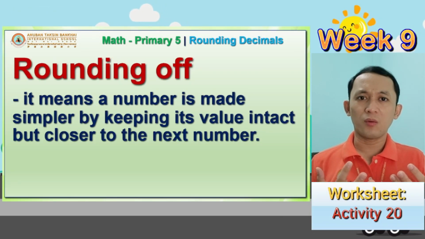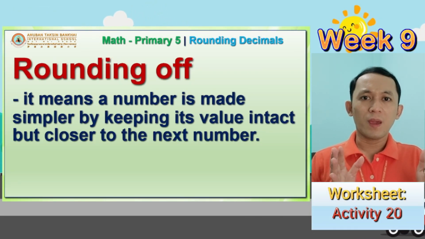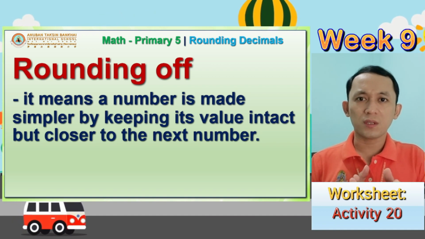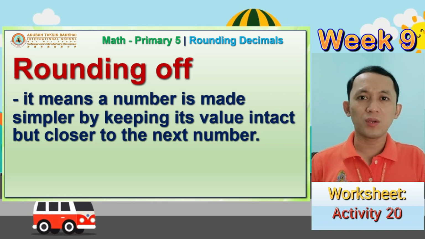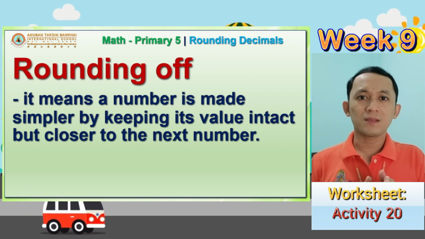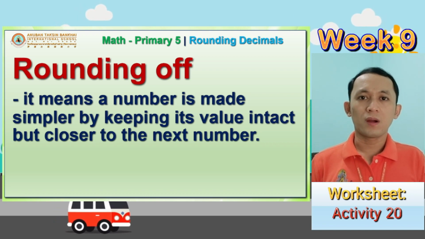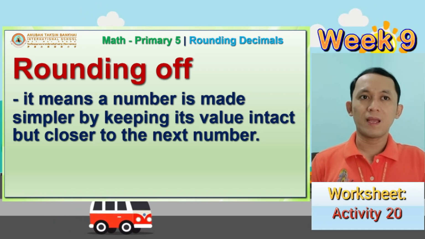So when we say rounding off, it's making the numbers shorter perhaps, but the value of the number is still very near when we make it simpler.